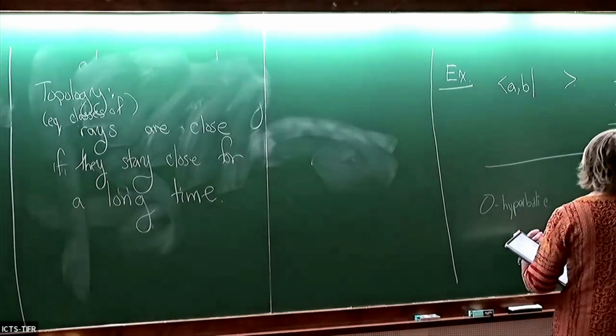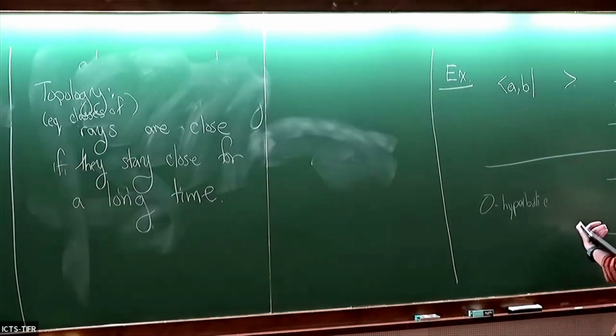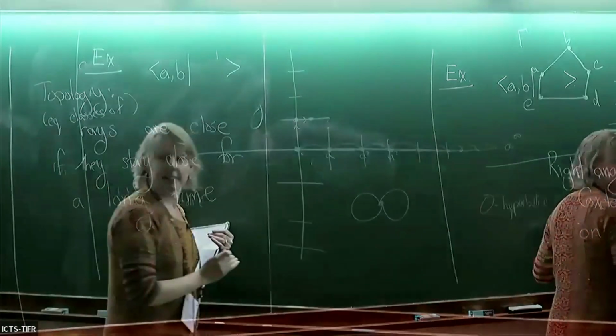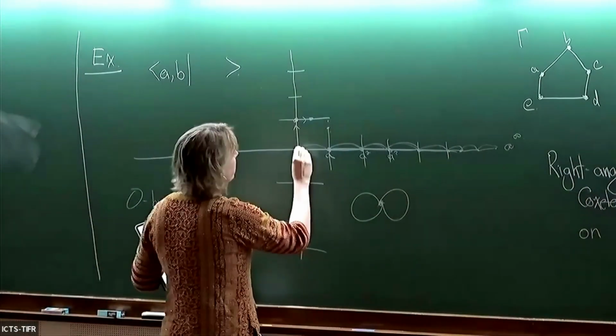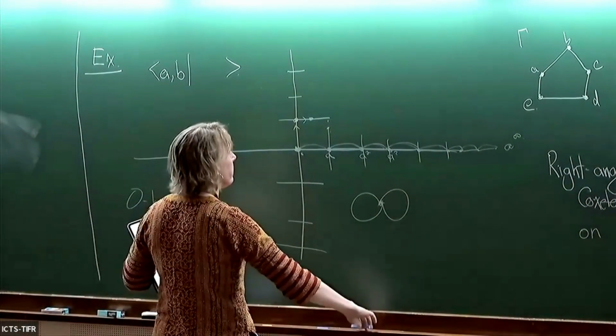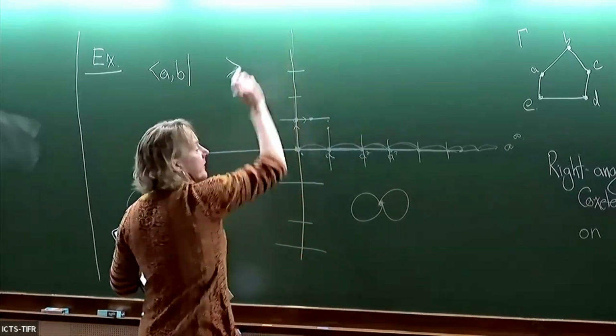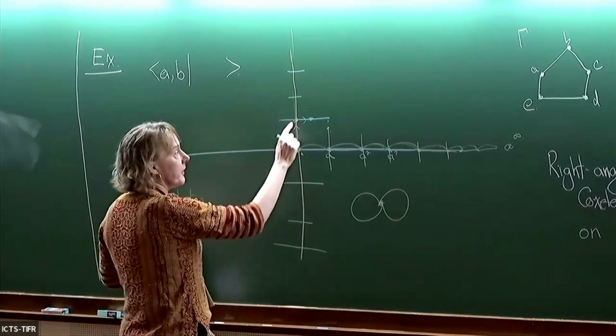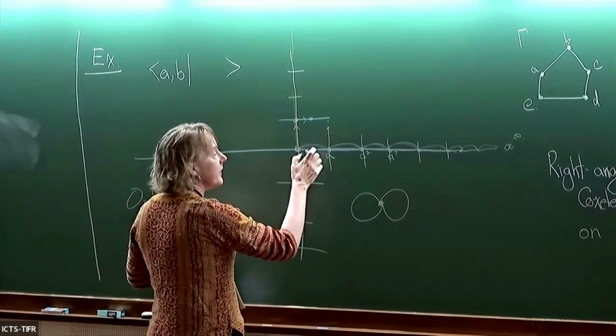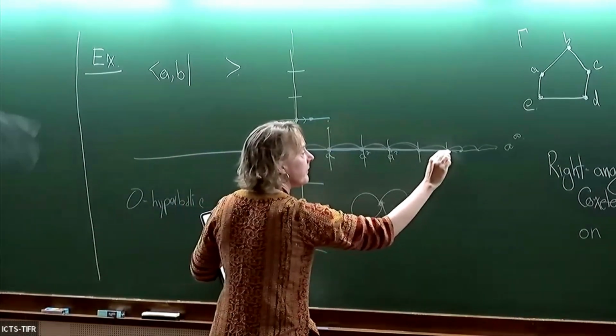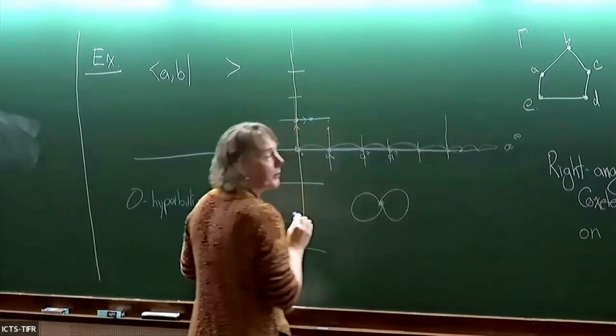So this blue ray all the way out to infinity and the pink one out to infinity, they're defining the same point because they stay close forever. So these points, if I go straight up, this is not close because they don't stay close very long at all. I could go out here for a long time and then go away from it.